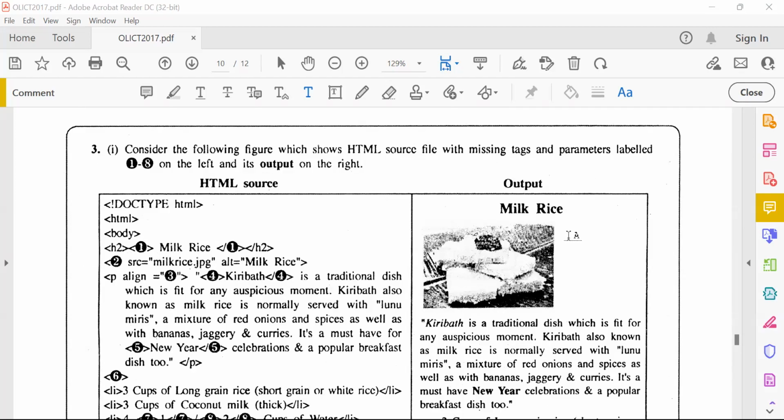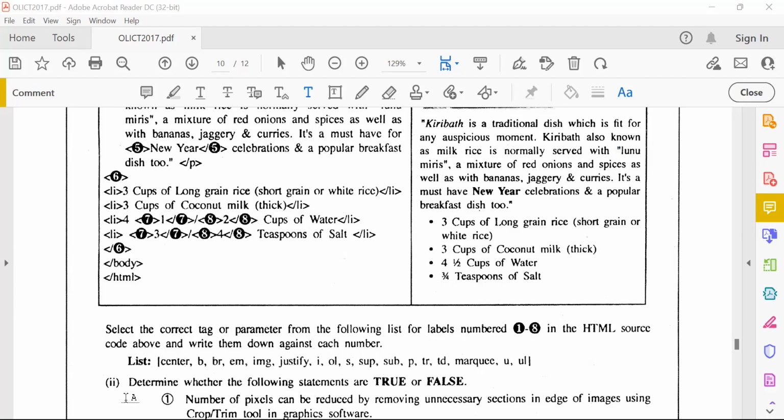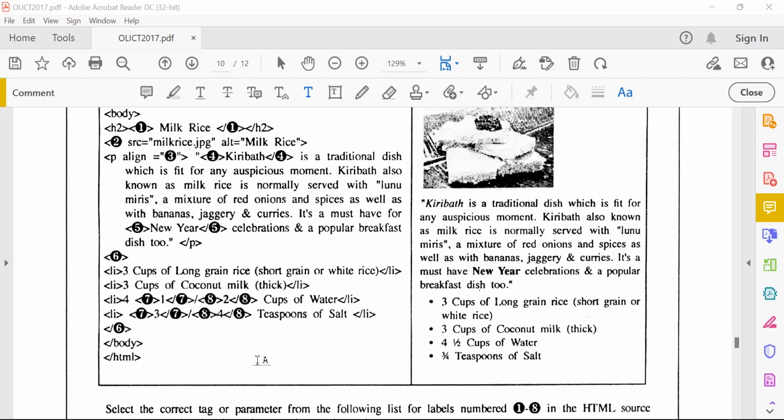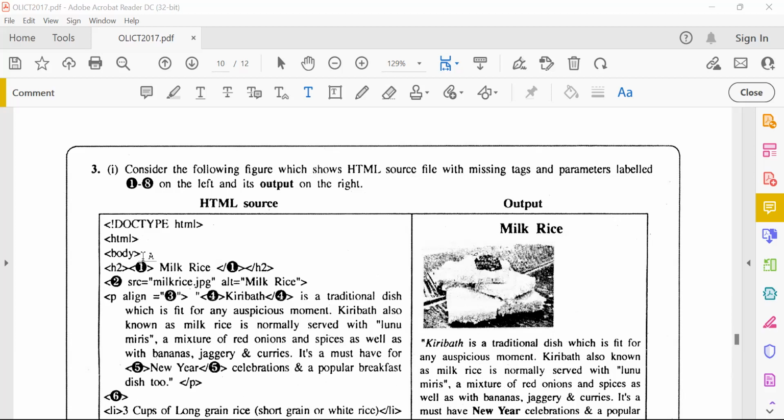And then the first one you will see we have H2, and H2 means a header, and we need a tag to get it centered, right? So the one should be center.